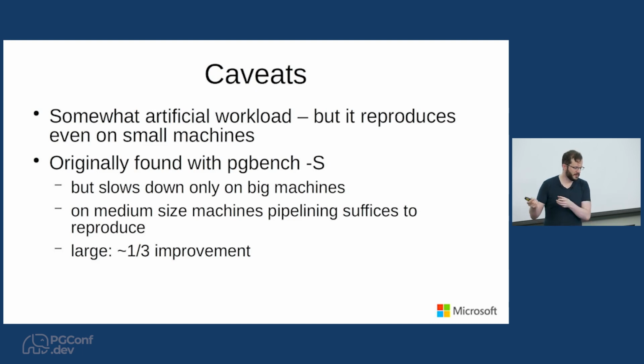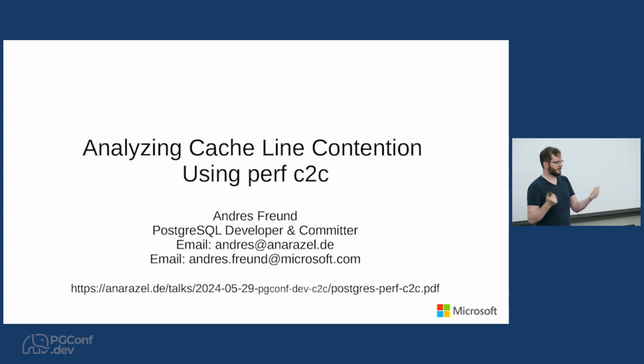But I think without pipelining, it's in the 2% range, and with pipelining, it's 15%. On a larger machine, it's a 1/3 improvement for PGBench-S, which is something that's generally pretty hard to get. So I think it's something we should fix. And with that, I'm open for questions.